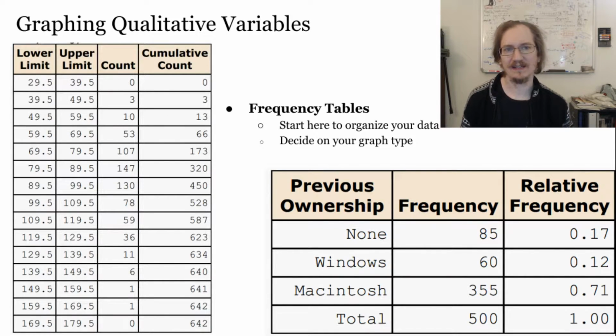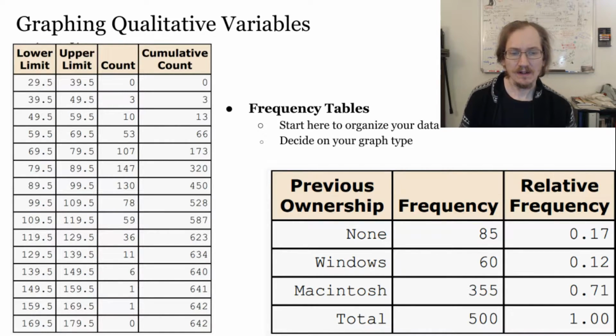Once you've got these ideas, the first thing you're going to want to do is organize your data into a table. These are typically called frequency tables, and you can put the frequency table in itself as a type of graph, typically for a qualitative variable.